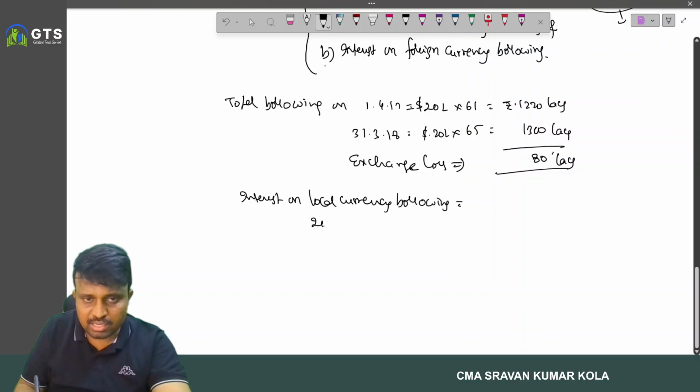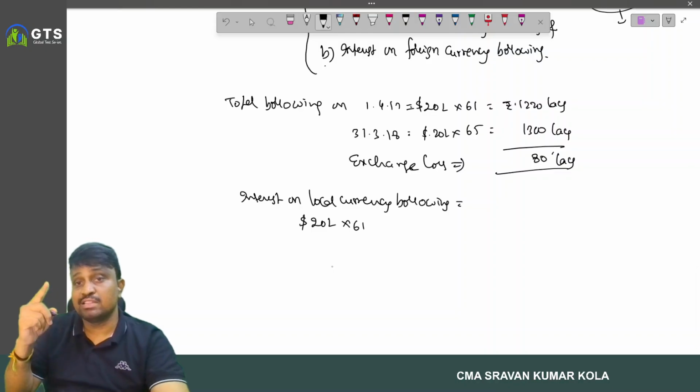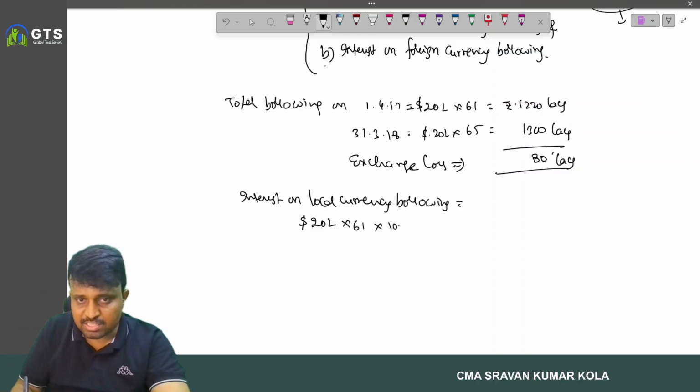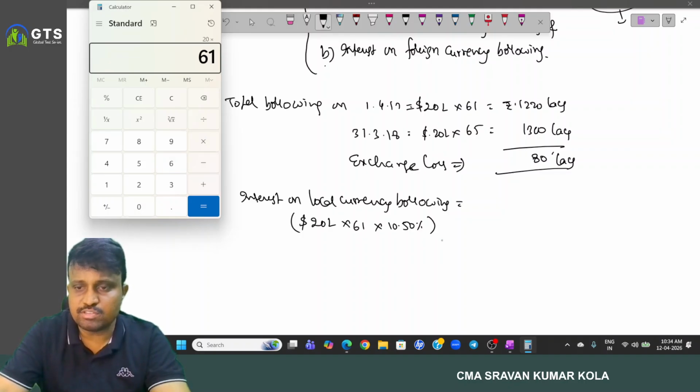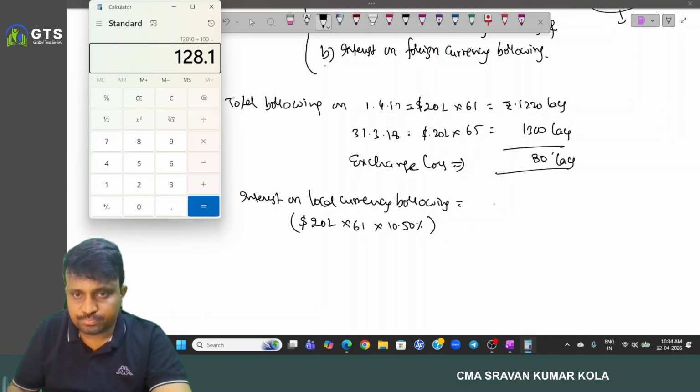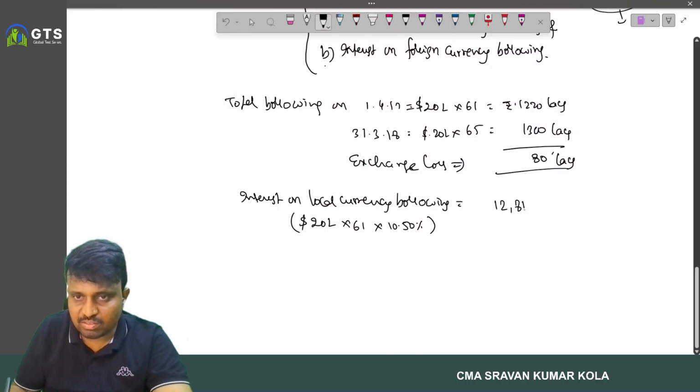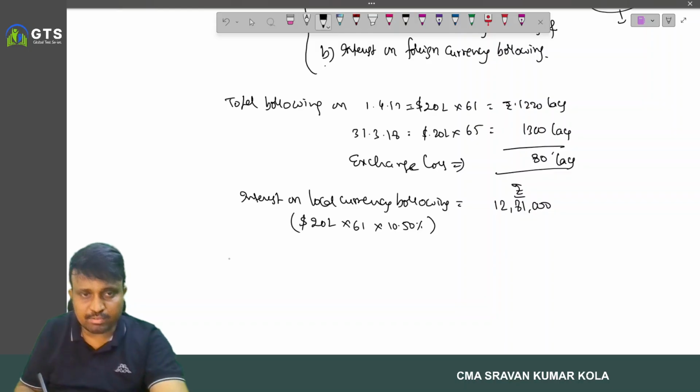So 20 lakhs into 61 rupees on the date of taking the loan into the rate of interest in India, 10.5%. So 20 lakhs into 61 rupees into 10.5%, nothing but 128 lakh 1,000.